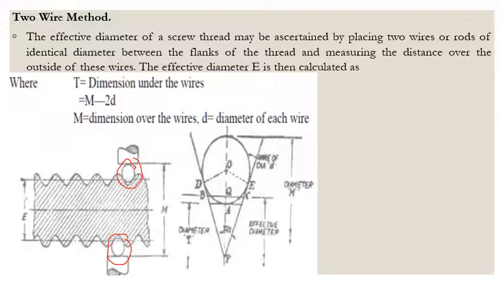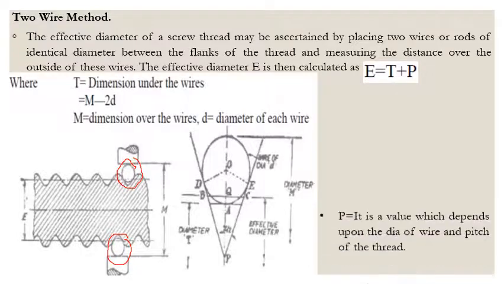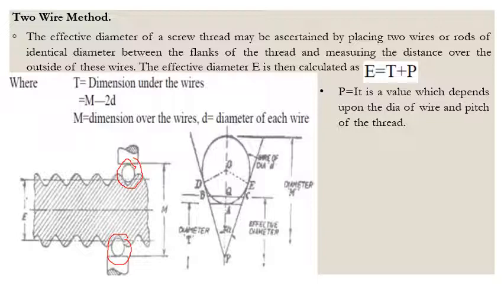The effective diameter of a screw thread may be ascertained by placing two wires or rods of identical diameter between the flanks of the thread and measuring the distance over the outside of these wires. The effective diameter is then calculated as E is equal to T plus P, where T is the dimension under the wires, and P needs to be calculated.